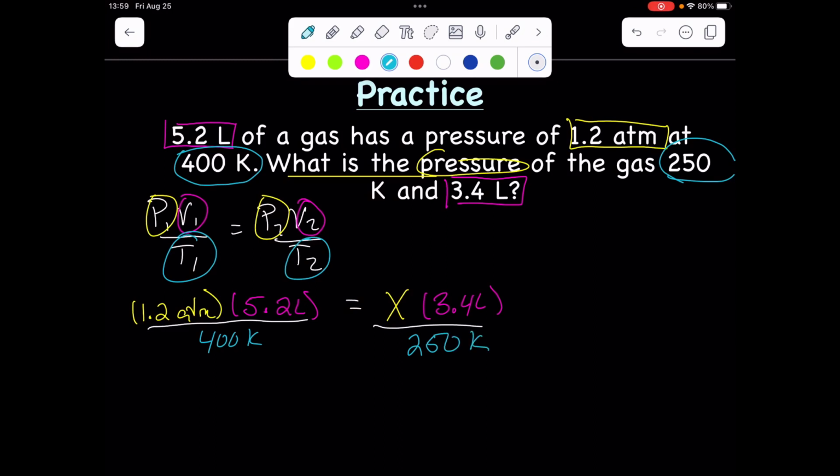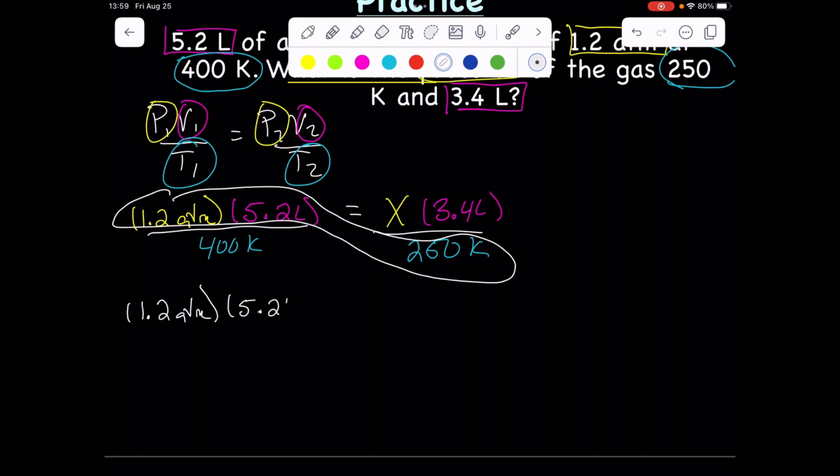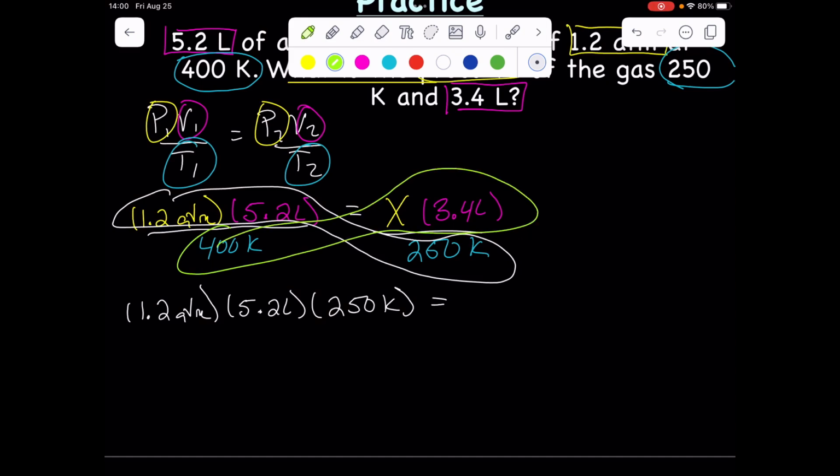All right. Now we are going to cross multiply. So we'll do those. I have 1.2 atm times 5.2 liters times 250 K. And we'll cross multiply these.